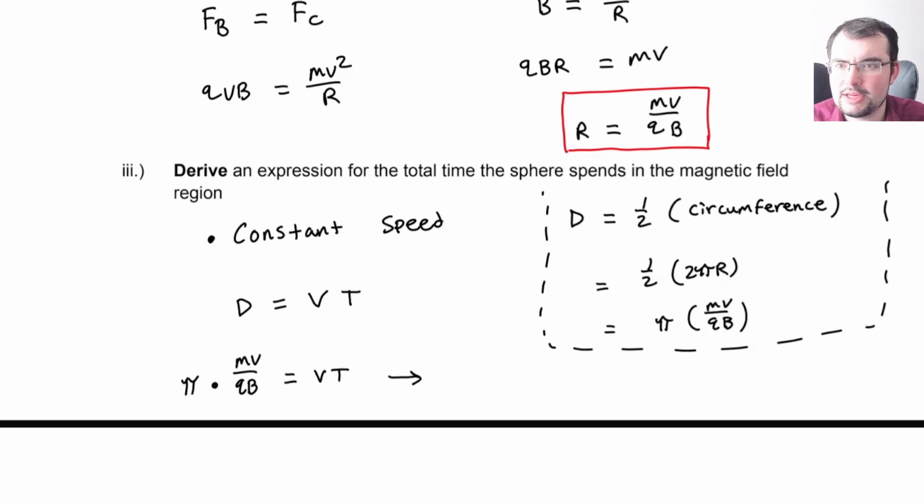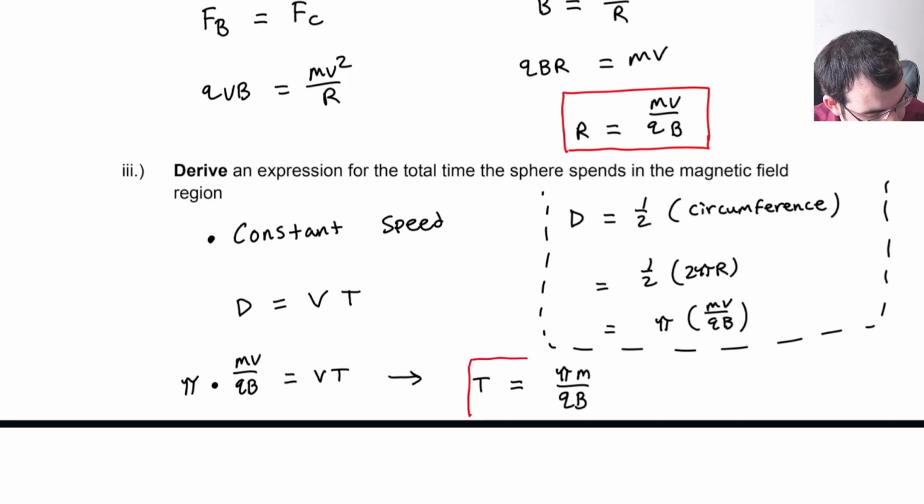So we see, interestingly enough, v actually gets canceled out of this expression. So we get the time spent in the field is going to be pi times m divided by qb. That's kind of interesting. Interesting result for sure.